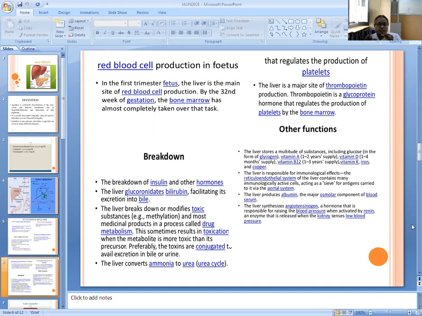It also synthesizes angiotensinogen, a hormone which is converted to angiotensin 1 by renin. And function in the immune system, storage function, regulation of platelet production, breakdown function: breakdown of insulin, the antidiabetic hormone, excretion of bilirubin, detoxification, drug metabolism, conversion of ammonia to urea, and red cell production in the fetus. So all these are the functions of the liver.